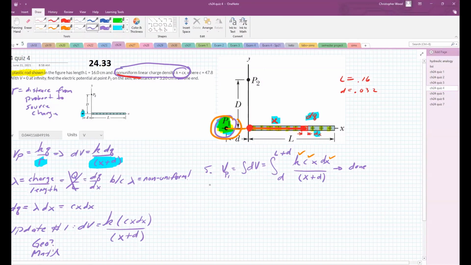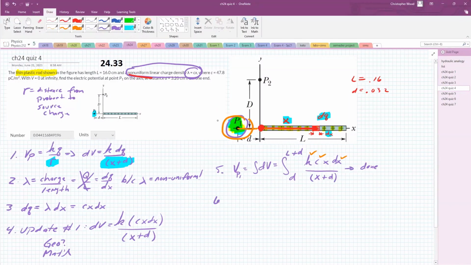Let me just do number 6. Number 6, the velocity at point P1 equals K comes out, C comes out, L plus D to D of X dx over X plus D. And do we know that integral?